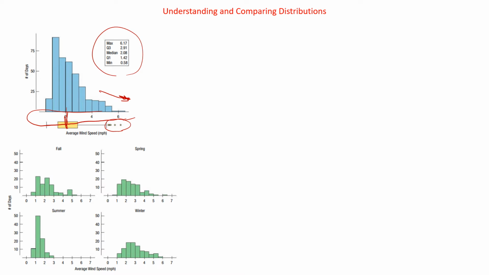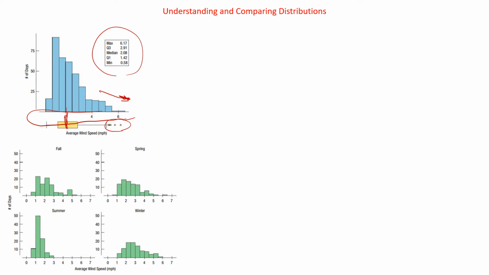The winter, spring, summer, and fall is a categorical variable that we just split these out on. If we had just two categorical variables, we could look at these as back-to-back histograms, or sometimes we do one on top and one on bottom. So it just goes underneath. It starts with the same x-axis and then just goes the other direction. But with 4, we'd need to split it out.